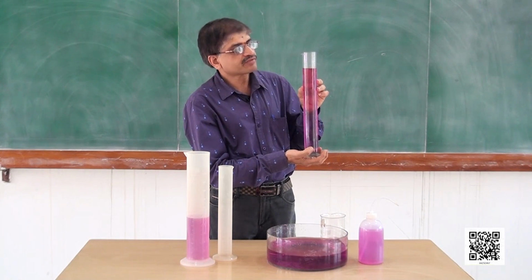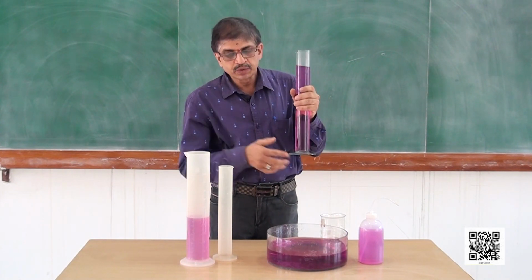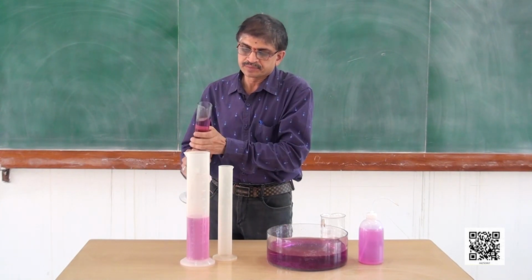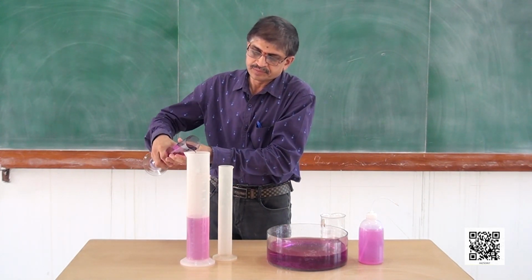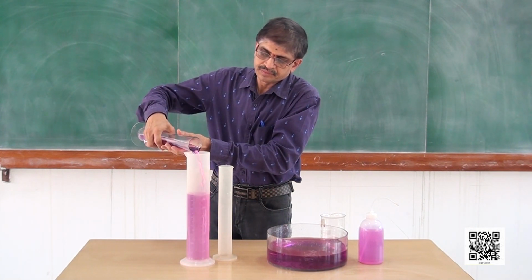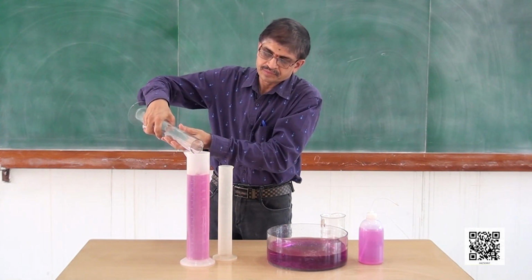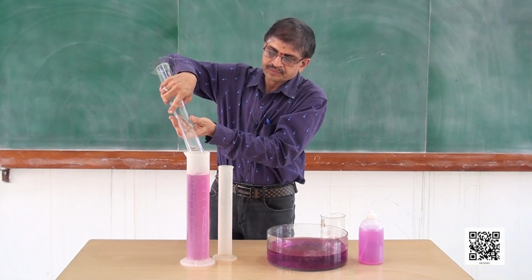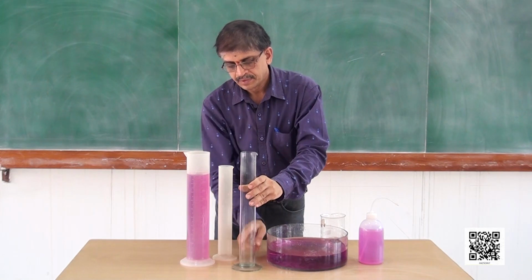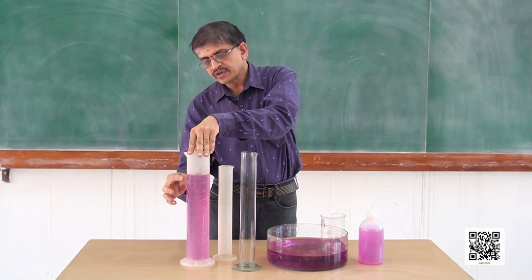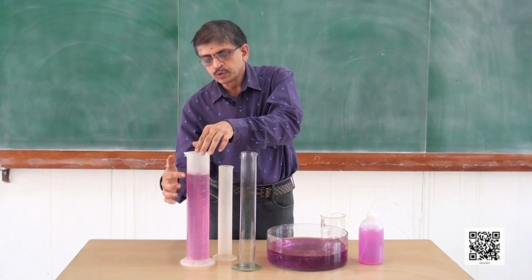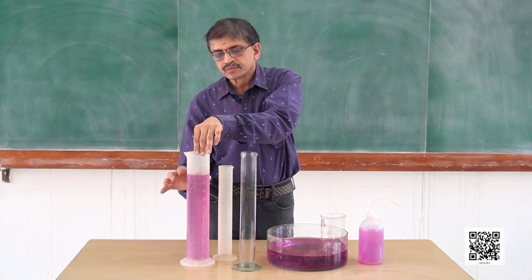We now pour this 500 milliliters water into this 1 liter measuring cylinder. Children, observe carefully here, water level reached up to 1000 milliliters.